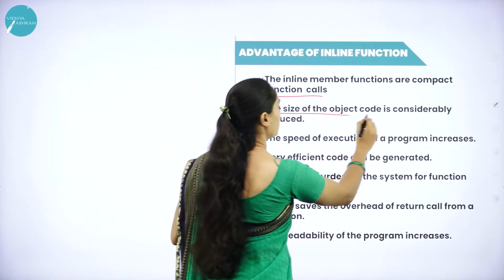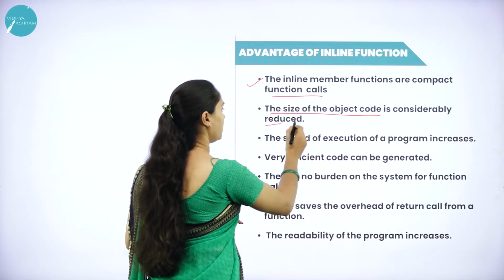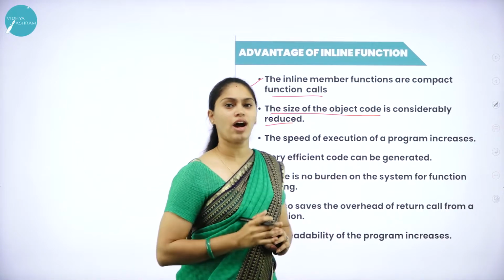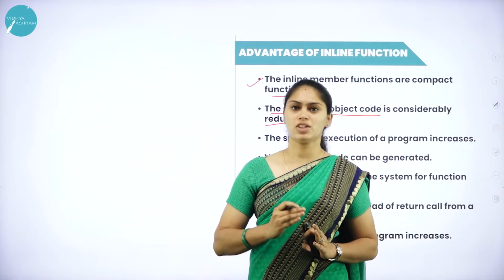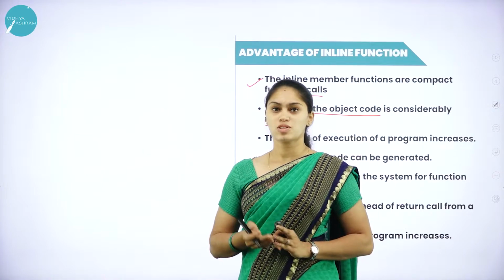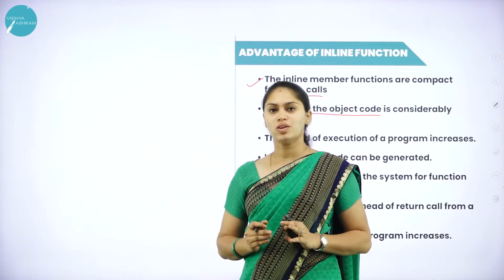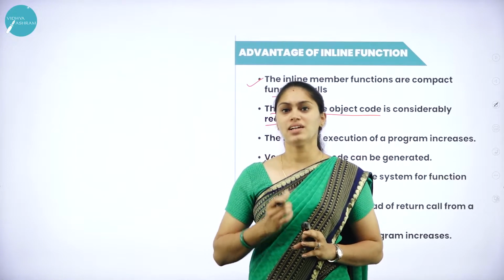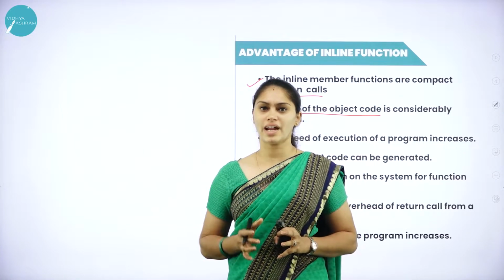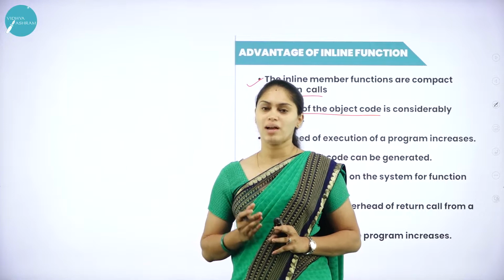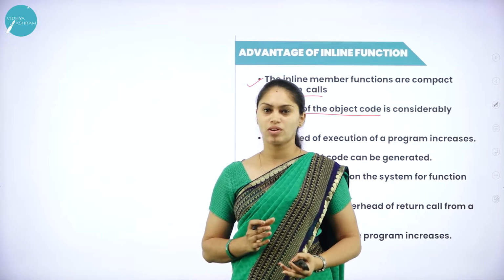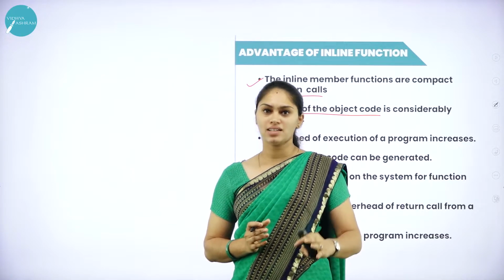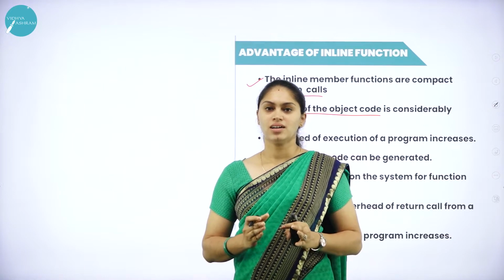The size of the object code is considerably reduced. Here you have to understand what object code is and what source code is. Source code is what you write when you are writing a program, in human understandable form, right?